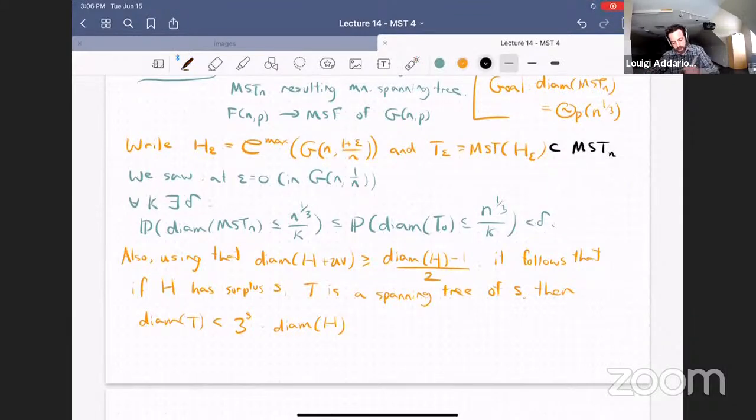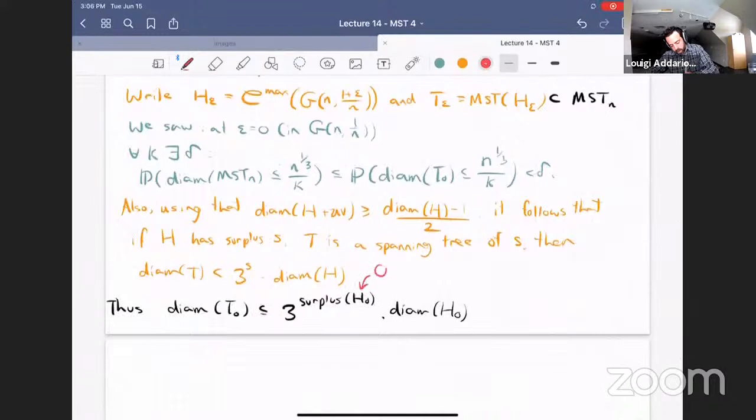So that implies that the diameter of this component of the minimum spanning forest, T_0, the largest tree in the spanning forest at criticality, is at most 3 to the surplus of H_0 times the diameter of H_0. But we've seen that this surplus is order 1 in probability, and we've seen that the diameter of a component of bounded surplus is of order square root of its size in probability.